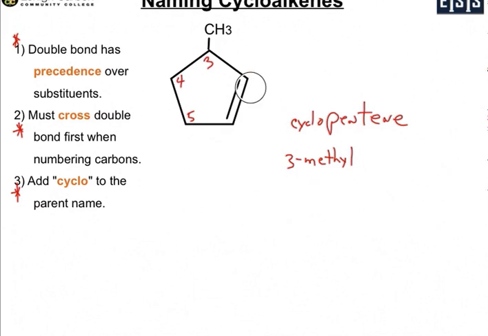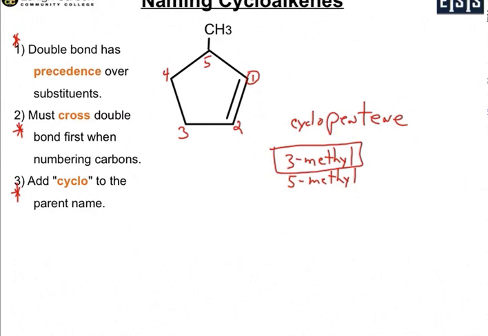If we reverse the role though, if we make this number 1, then your carbon numbering is going to cross the double bond first. This is 2, 3, 4, and 5. Now the methyl group is on 5. So it's a 5-methyl. And as you would expect, you always number so that you get the smallest overall numbering.